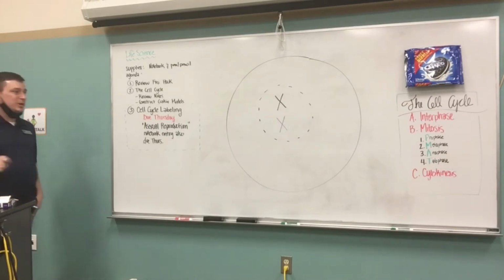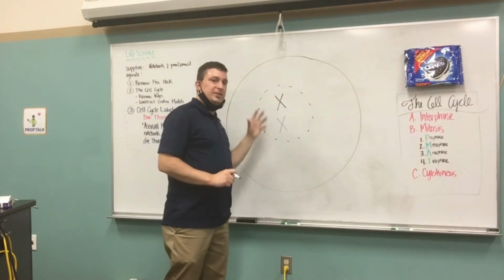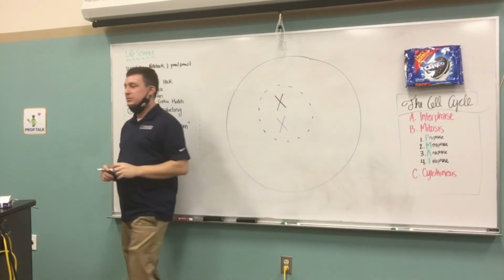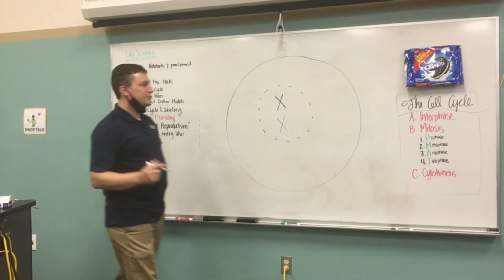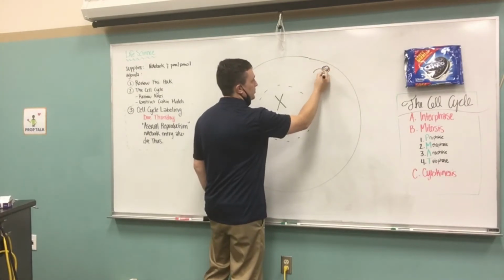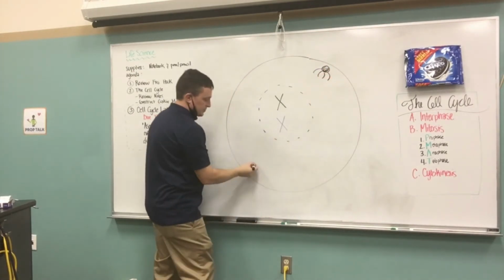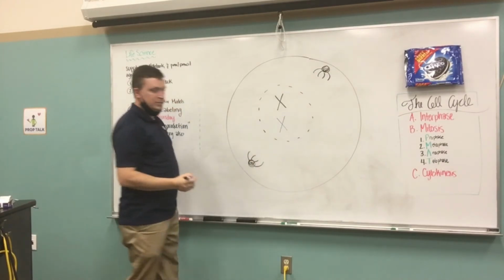So what you'll do is go ahead and add your brown and your blue chromosomes, then your disappearing nucleus. But something else begins to form. We're going to get to draw something really cool, something that looks kind of like spiders. Can anyone remember what begins forming?